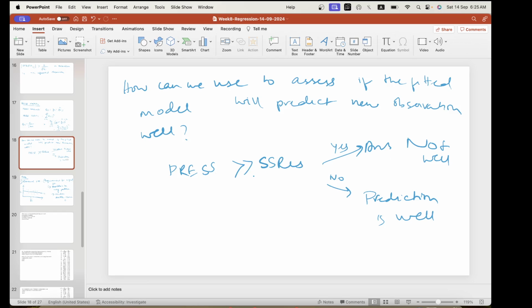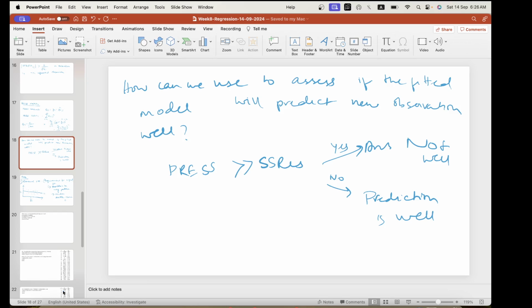But if the PRESS statistic is way more than the SS residuals, then we would say that this model, whatever we have fitted in the presence of those influential points, will not predict new observations well.